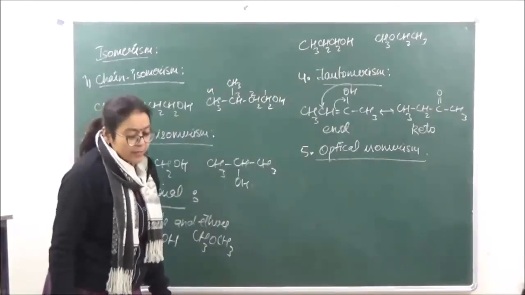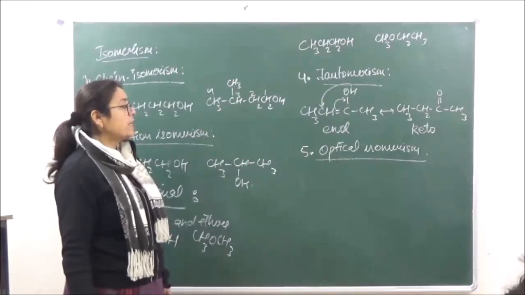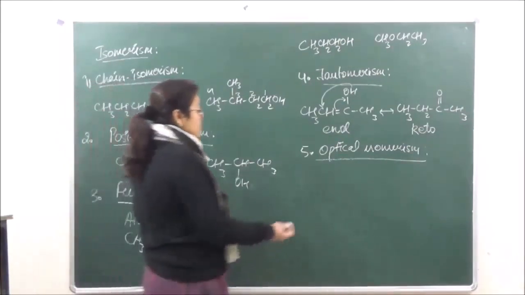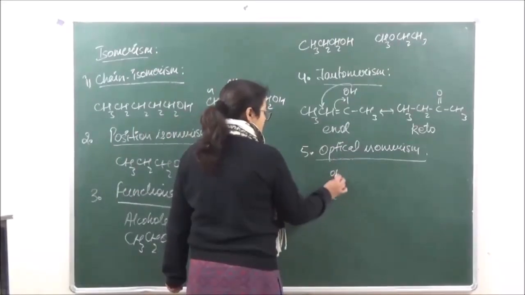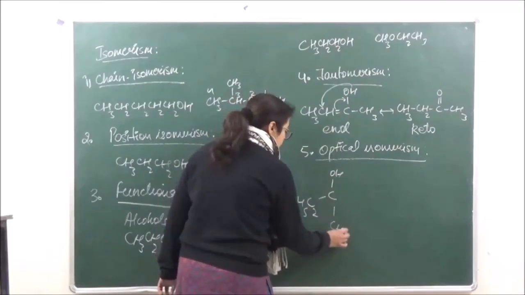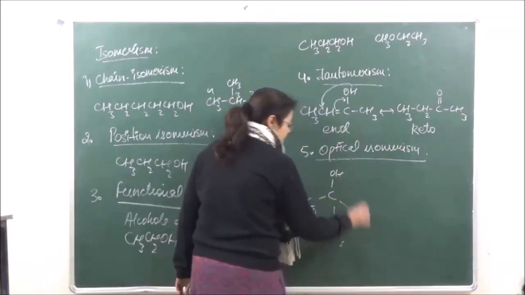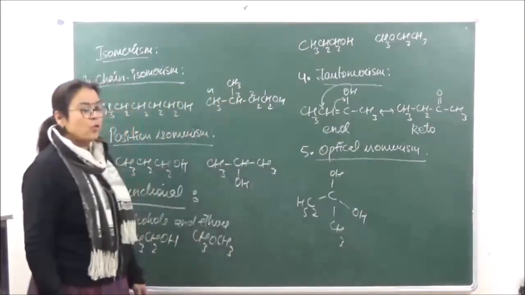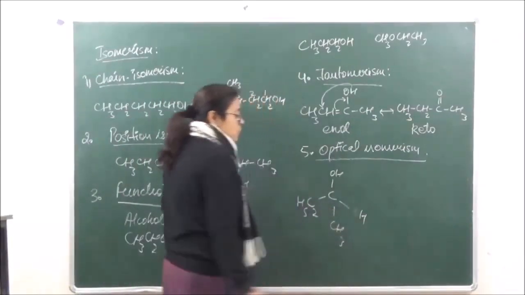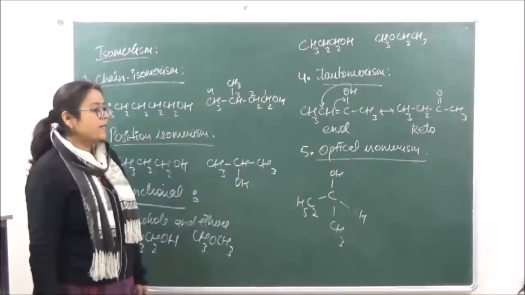But optical isomerism is going to be present only in those compounds which have a chiral carbon atom. Okay, so if we have any compound of this type, this is butan-2-ol.